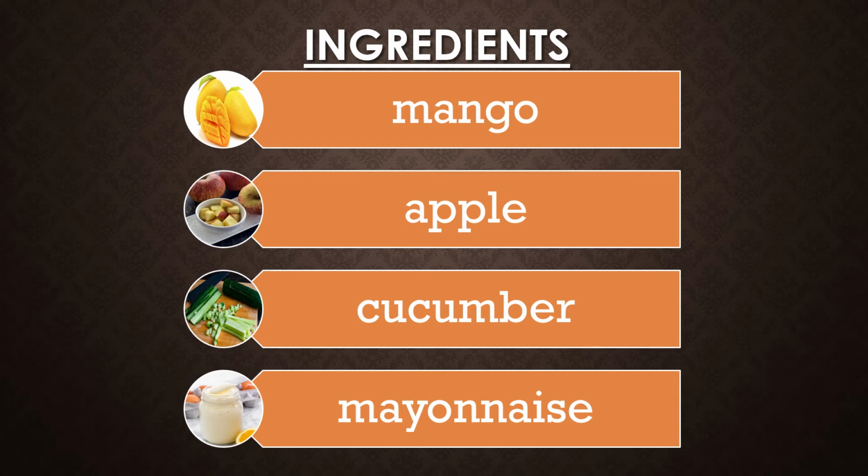Mango. Next one is apple. Apple. Next ingredient that we need is cucumber. Cucumber. And the last ingredient that we need is mayonnaise. Mayonnaise.